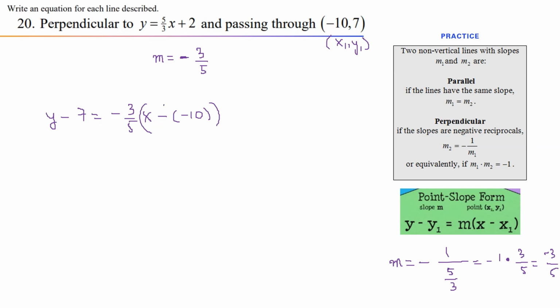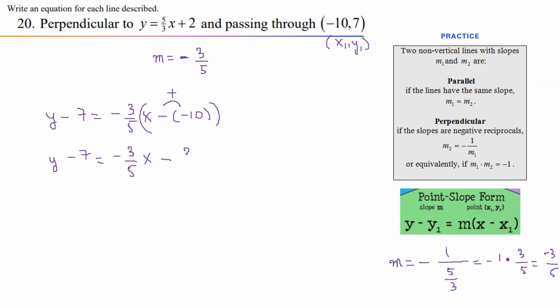So this one will be positive, and then we'll have y minus 7 equals negative 3 over 5x, and then minus, because you have negative 3 over 5 times positive 10.